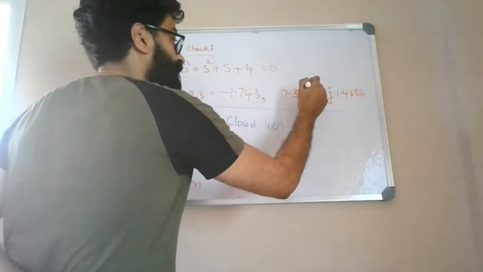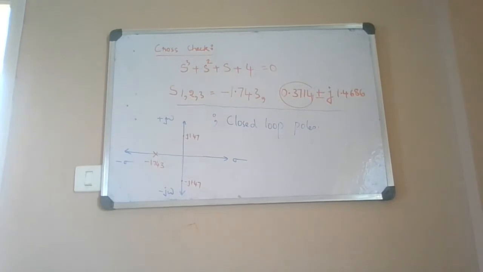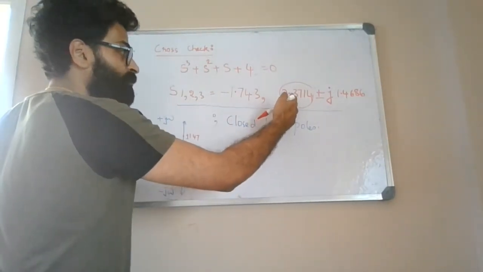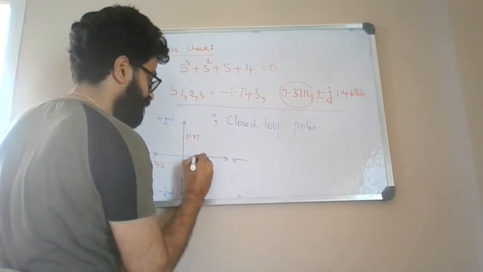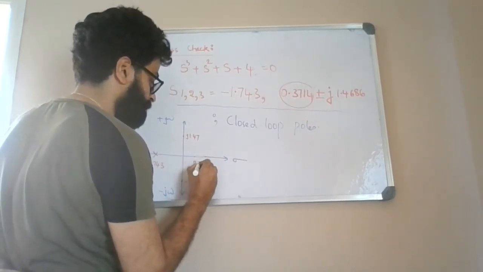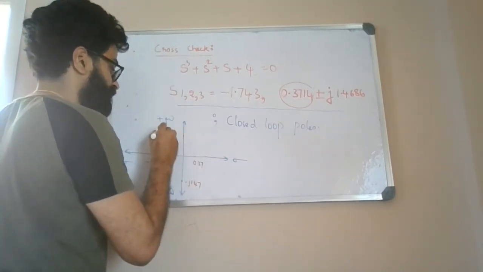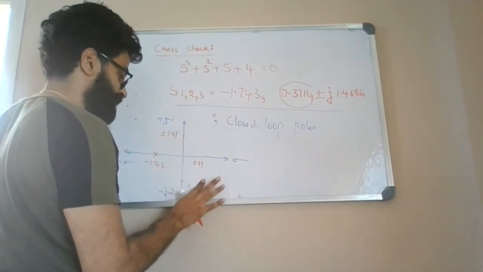What about its real part? Where is the real part located? It is located on the RHS of the S plane, which is at 0.37. So 0.37, let's say somewhere over here. Okay. So this is j 1.47. Okay, I'm just approximating.